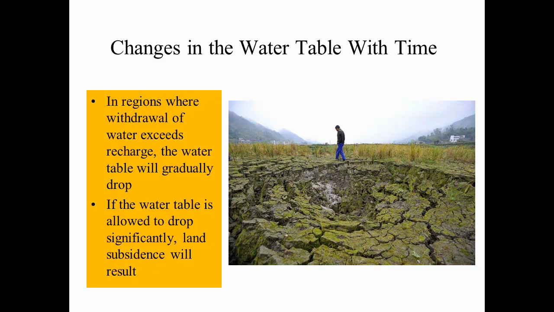Now we can get changes in the water table with time. In regions where the withdrawal of water exceeds the recharge, the water table will gradually drop, and if the water table is allowed to drop significantly, eventually land subsidence will result. In other words, the land surface will start to sink, as we very well know in the Houston area.